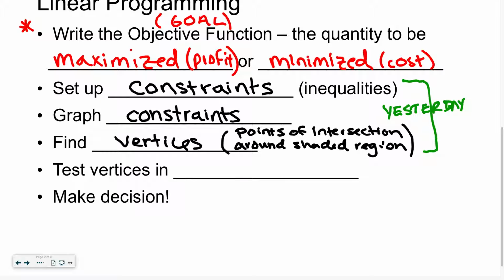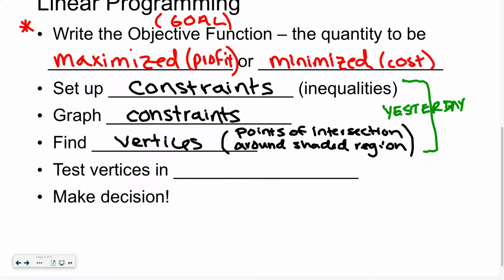Okay, so back to the new parts. After you do all this graphing and this finding of vertices, this has been proven for us. We're not going to prove it, we're just going to know it. If an optimal value exists, so if a maximum or a minimum exists, it will happen at a vertex. Okay?